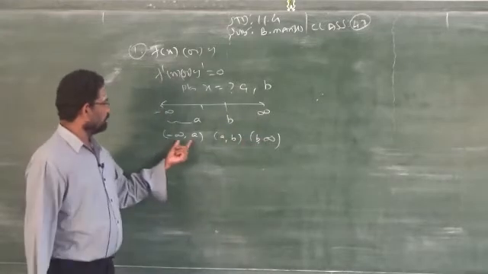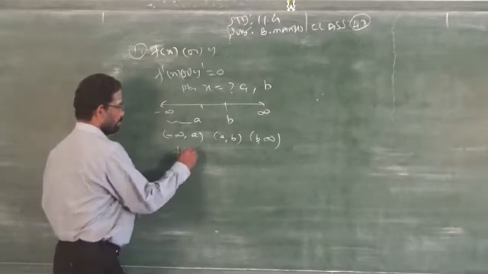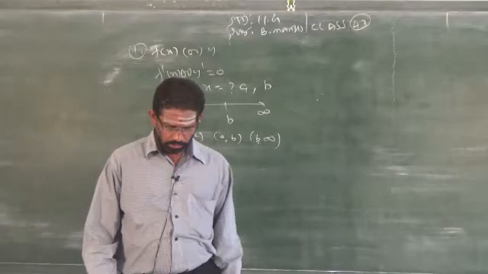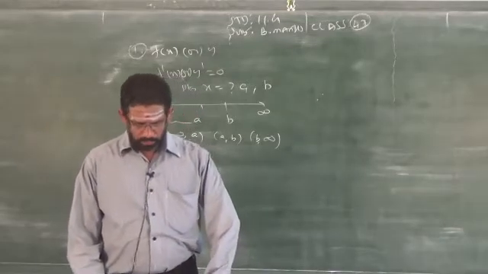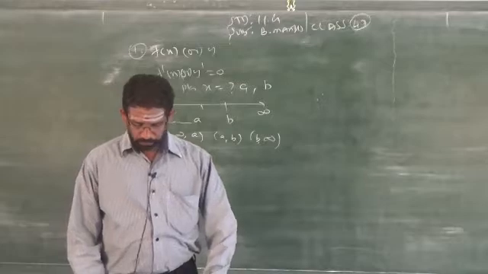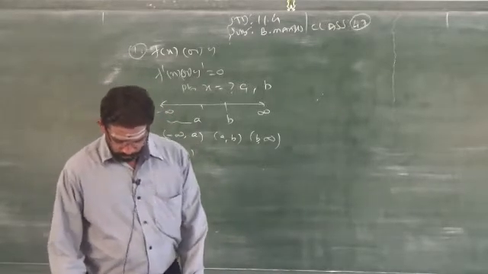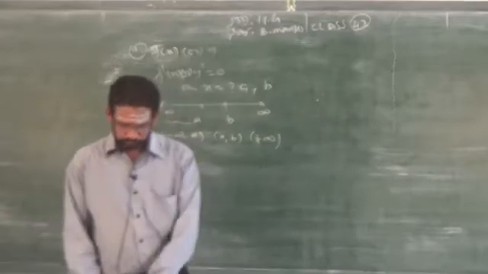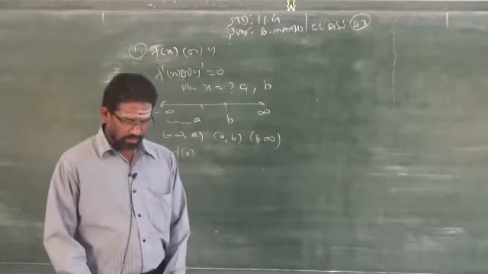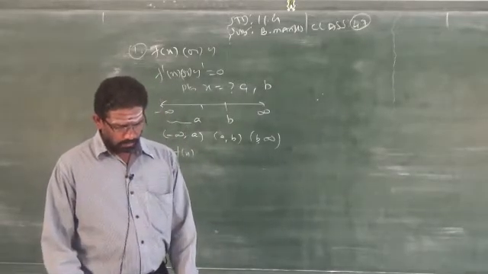Take any point from the first interval and substitute it in the question. To find increasing or decreasing functions, you have to substitute these values. If you substitute these values in the question, you will get stationary points and stationary values.